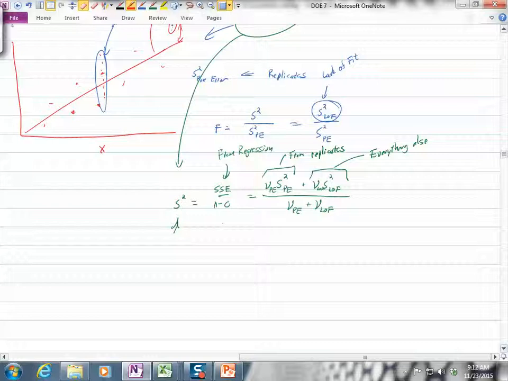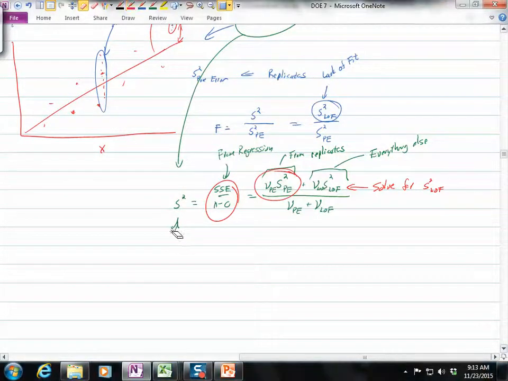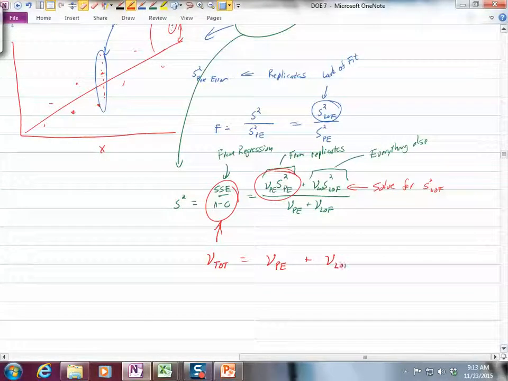So our process is, we get this easily from regression, then this is pretty easy to calculate, and we're going to use this equation to solve for these things. Degrees of freedom are going to partition, as you'd expect, the total degrees of freedom from the pure error, and the degrees of freedom of your lack of fit.